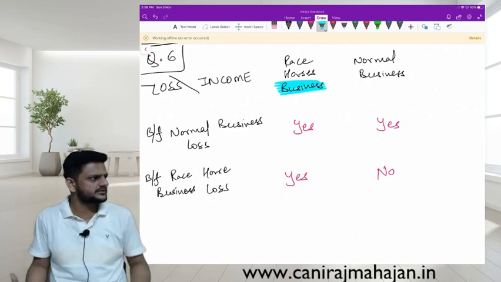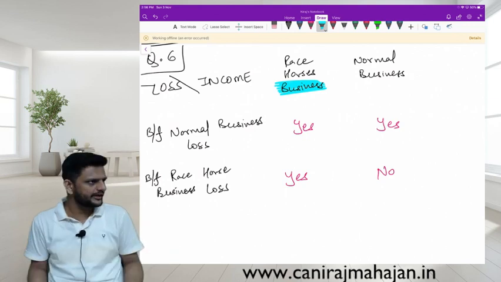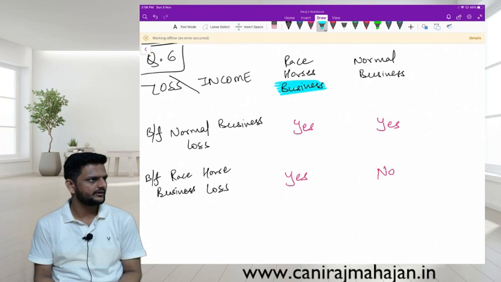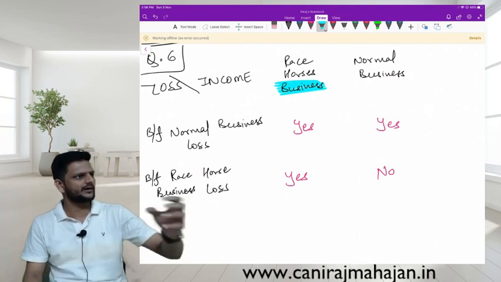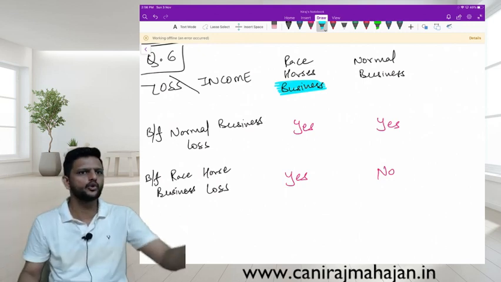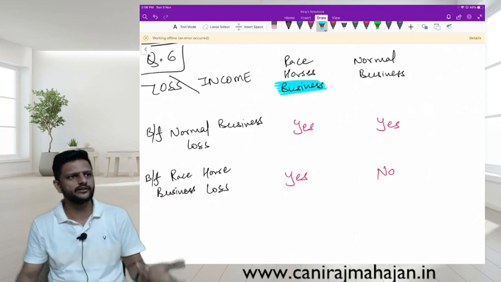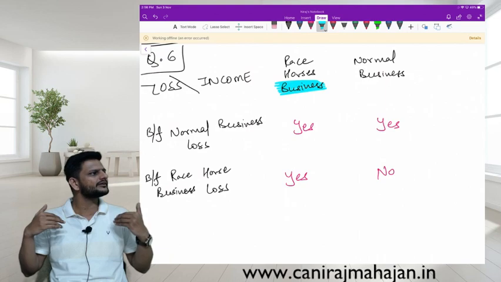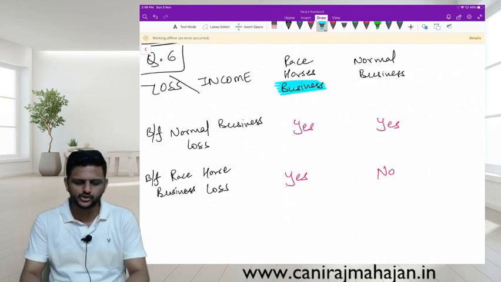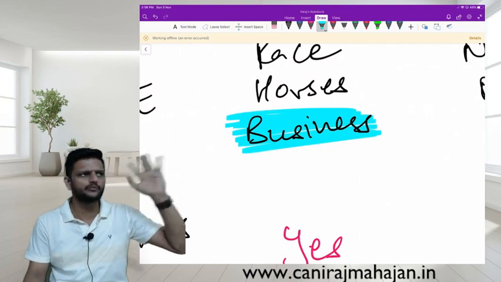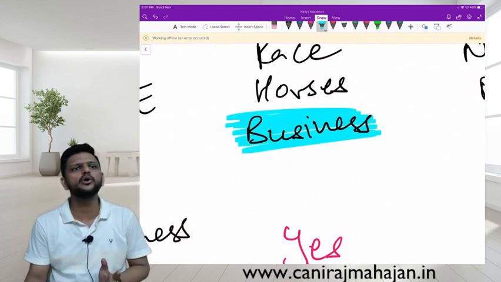The person who owns the lottery business itself, the person who owns the race horse business itself. Whatever he is earning from your lottery tickets, you all are putting money on the horse. All of you are not going to win. Maybe 1 or 2% may win. The rest of all is income for that owner of the business. So whenever we are using the word business, it is the owner of the race horse club. Understood?